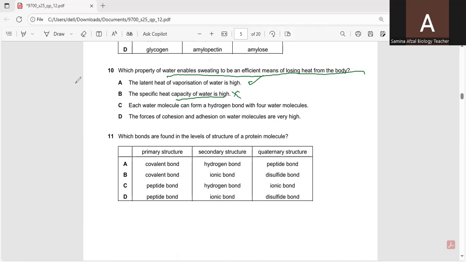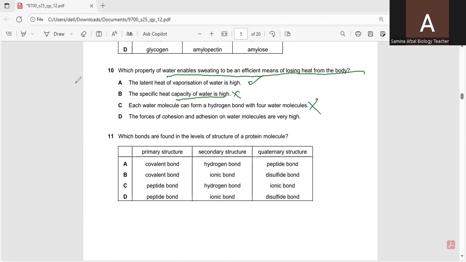Then the third: each water molecule can form a hydrogen bond with 4 water molecules. This property does not matter for sweating. So this is not a correct option.